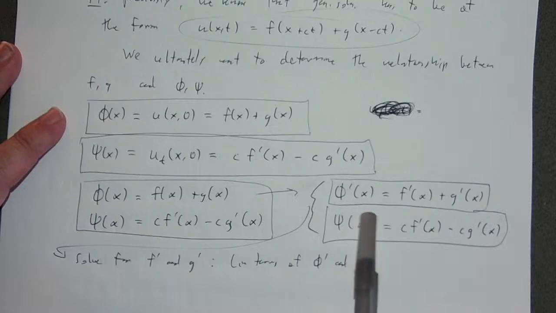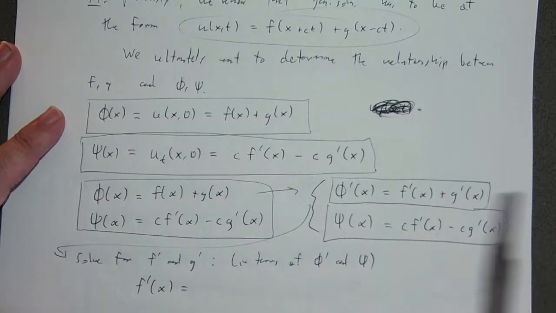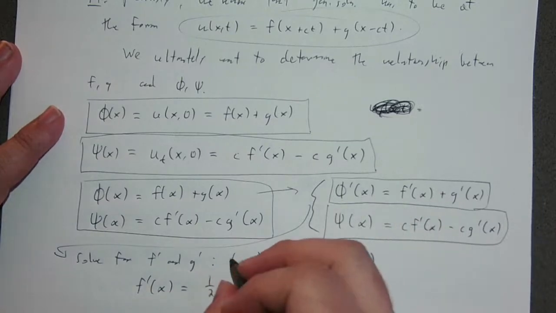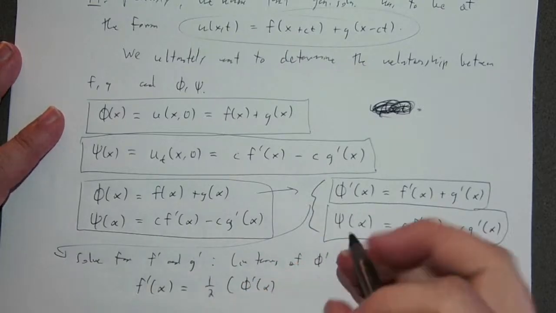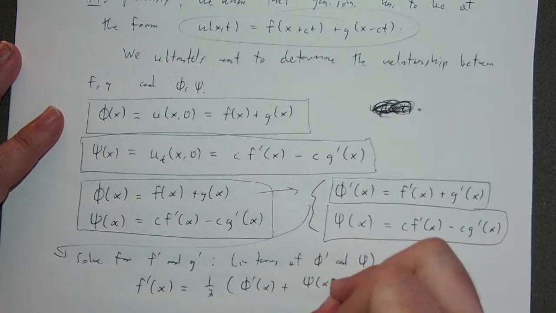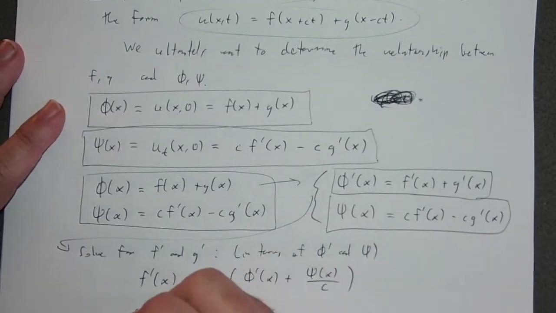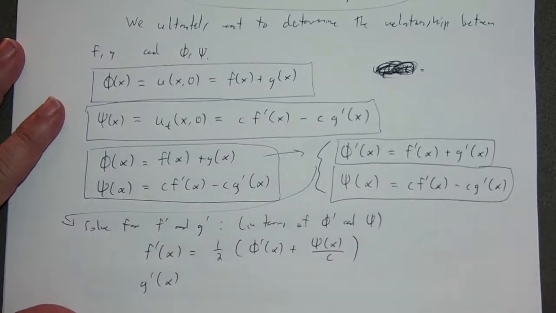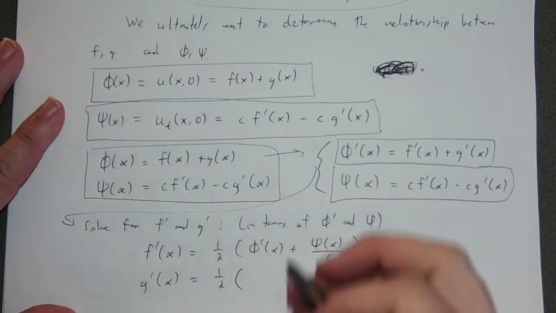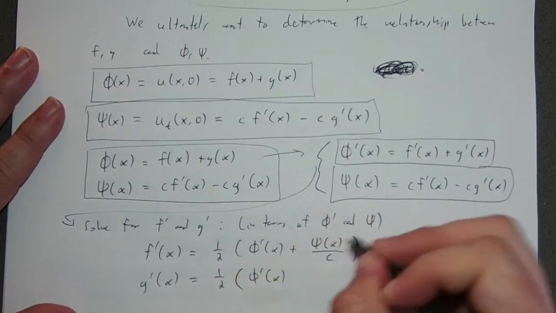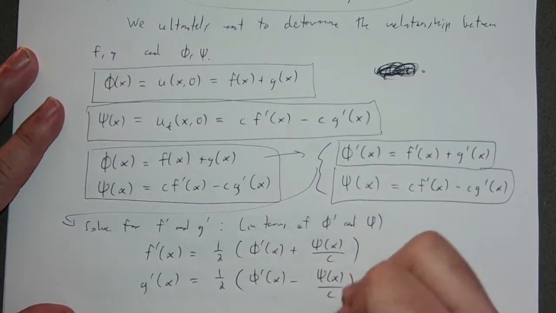So then solving this, I get f prime of alpha is going to be 1/2 phi prime of alpha plus c of alpha over c, and g prime of alpha is 1/2 phi prime of alpha minus c of alpha over c.